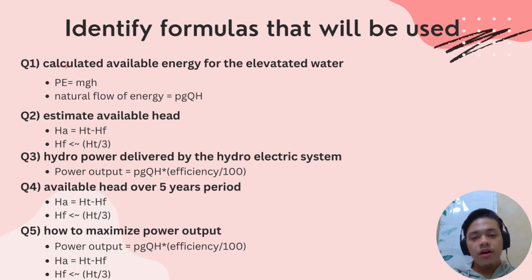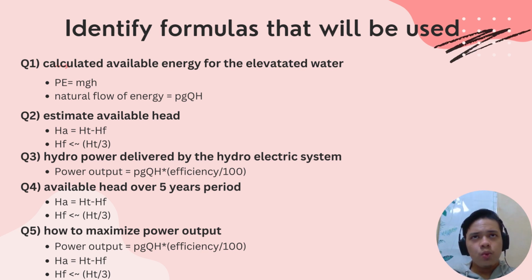So after we gather all the information, we need to analyze the questions and identify formulas that we will use to solve the question. For the first problem, it wants us to calculate available energy for the elevated water. We know if something was elevated, it has potential energy. So for that, we can use the formula potential energy is equal to mgh, which is mass times gravitational acceleration times height.